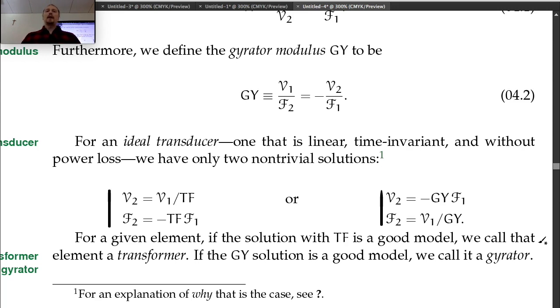In order to determine which is the case for a given element that you're trying to model as a two-port element, you have to know something about the physics of what's going on.